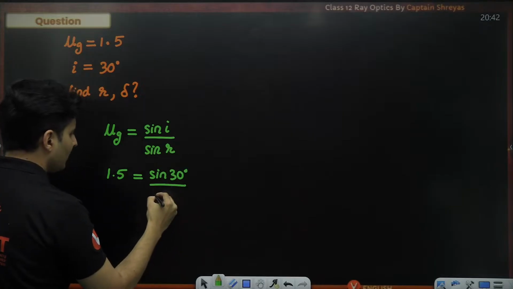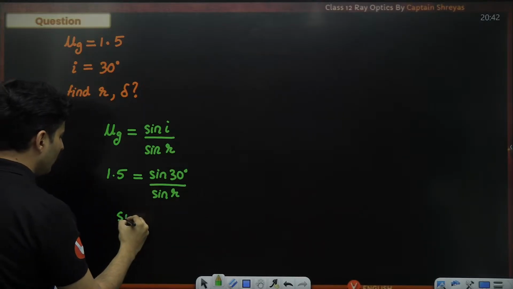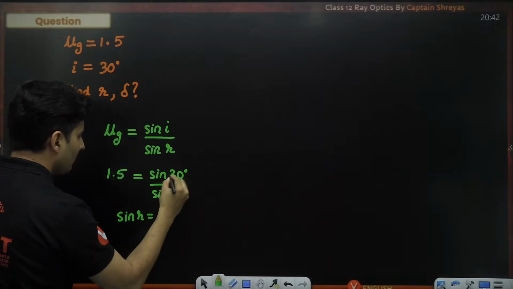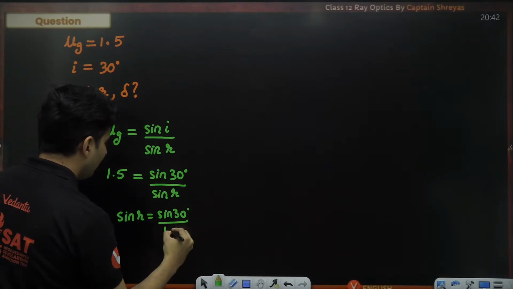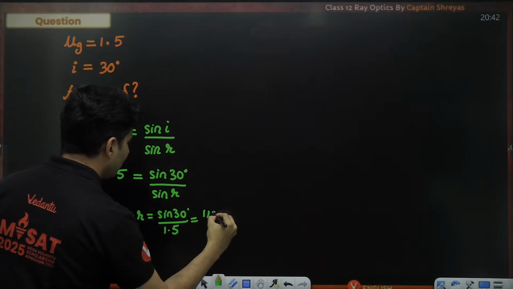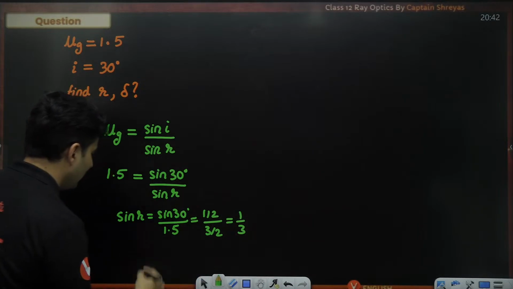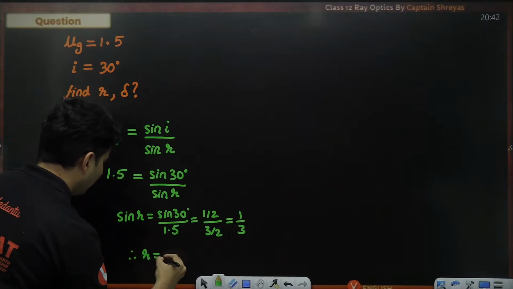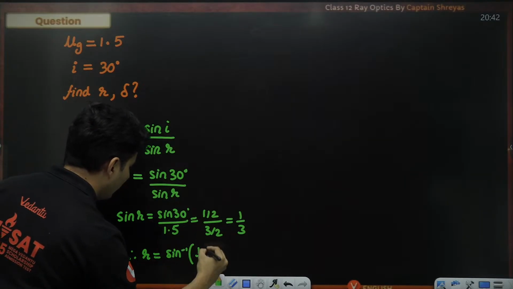Angle of refraction, that is what we need to find. So therefore, sine of R will be sine of 30 divided by 1.5. Sine 30 is half. 1.5 is 3 by 2. 2 cancels, it will become 1 by 3. Therefore, angle of refraction is sine inverse of 1 by 3.